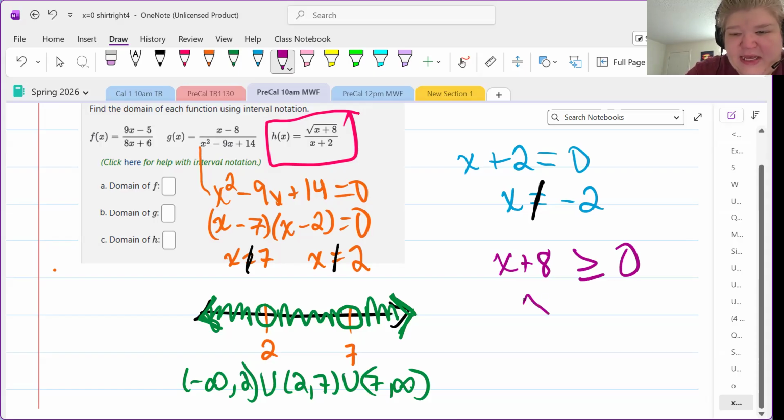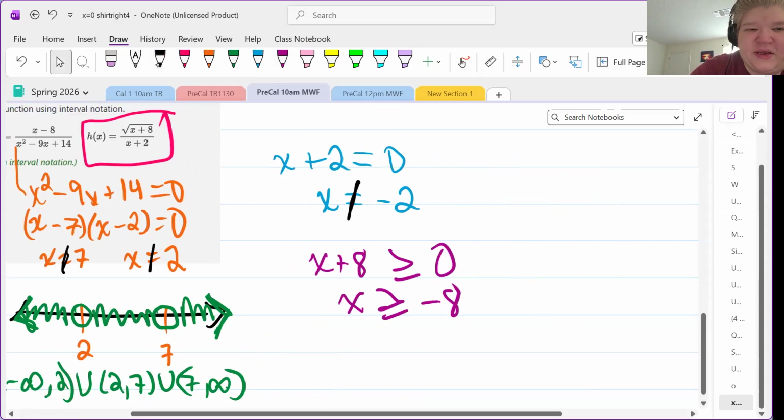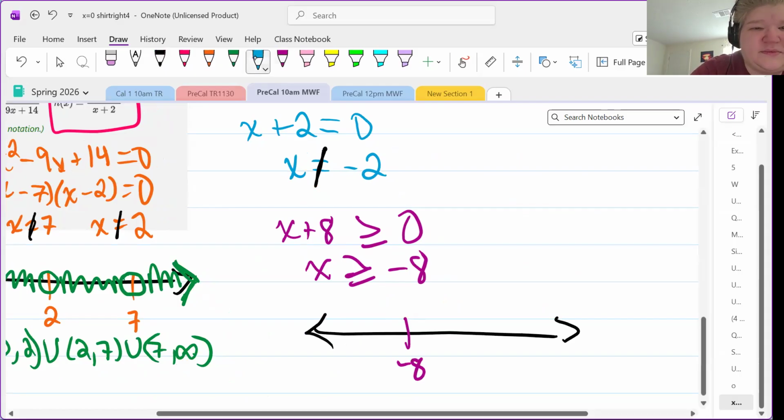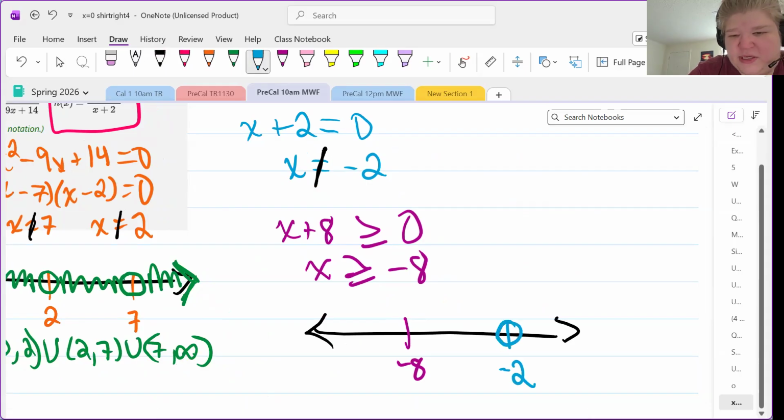And then I'd minus the 8 over, so I have x is greater than or equal to -8. So doing our number line for this one, all right, so -2 is an open circle.